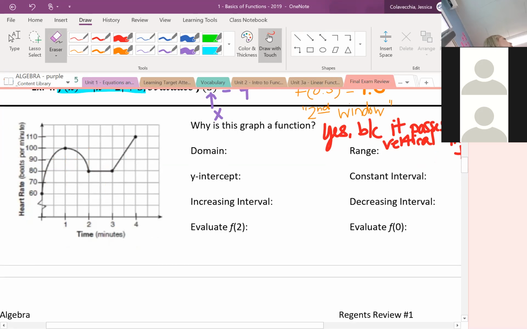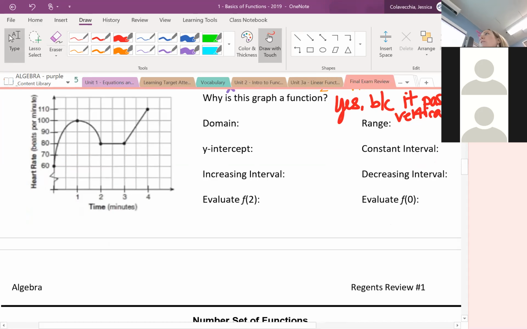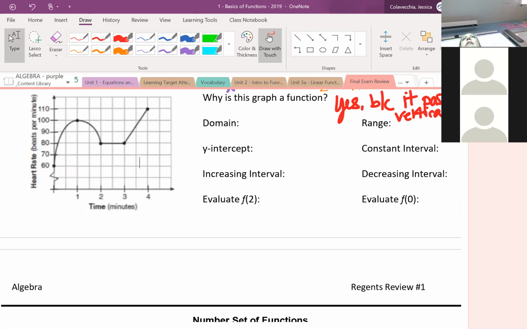Okay, domain. Domain we said was which values? X values. So we read domains which direction? Left to right. Okay, what is the furthest left this graph goes? Where does it start when I look at it left to right?